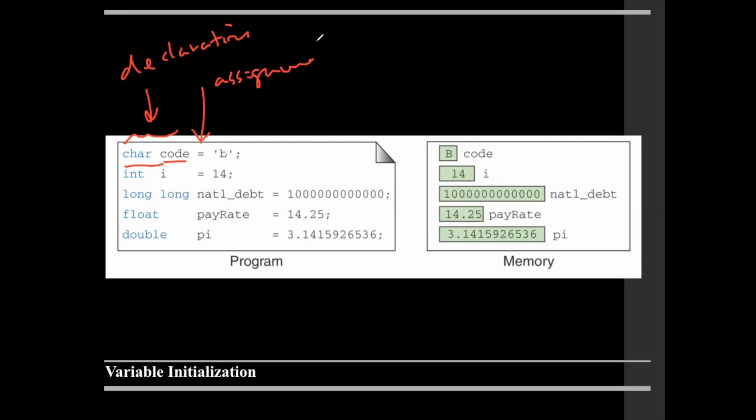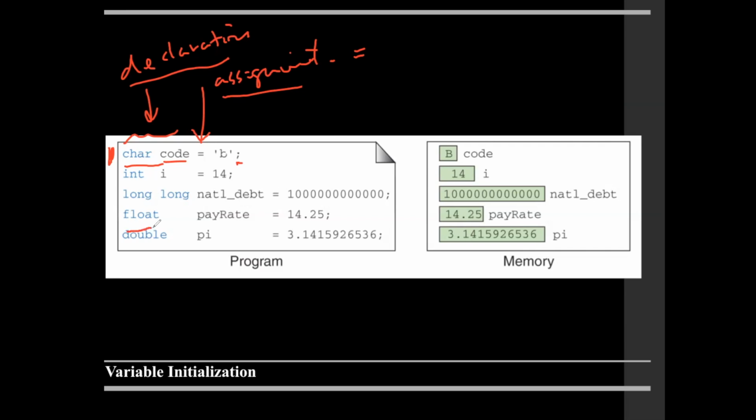When you have assignment, you have this thing called the equal sign. If you have declaration and assignment all in the same line of code before the semicolon, this is what we call initialization. So initialization is declaration and assignment combined in one shot, in one line.